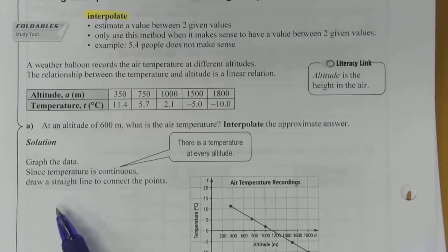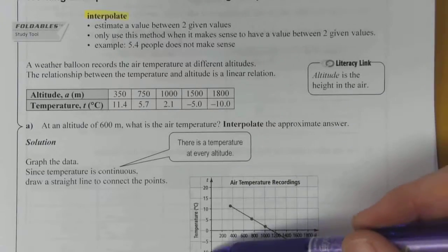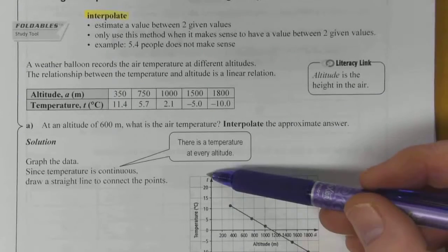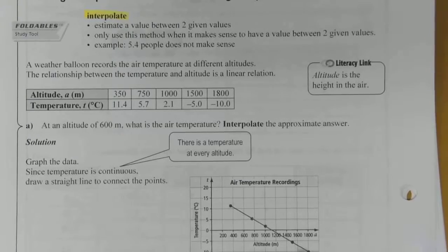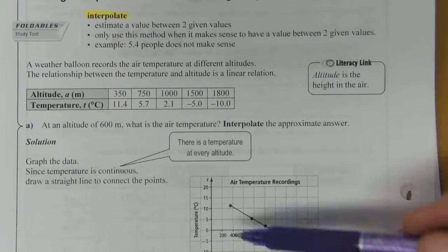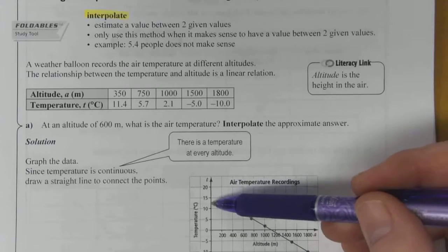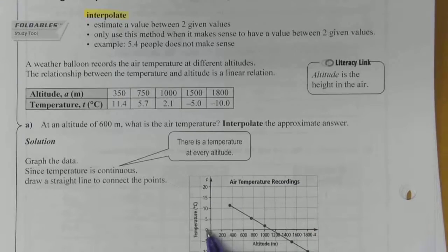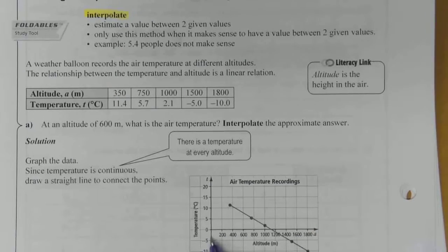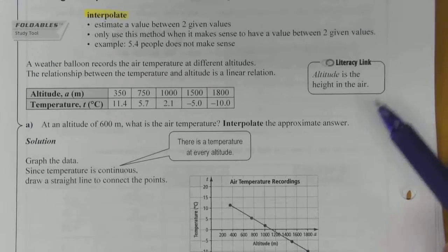So we start by graphing the data. Temperature is your vertical axis and altitude is your horizontal axis. We're going from negative 10 up to 11.4 positive, so we need both positives and negatives on your temperature. And 0 along here, we're going all the way up to 1800 meters.